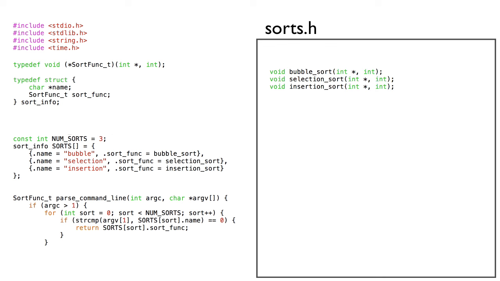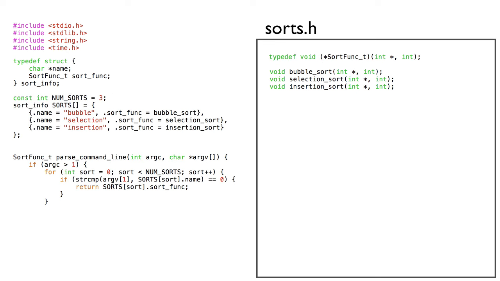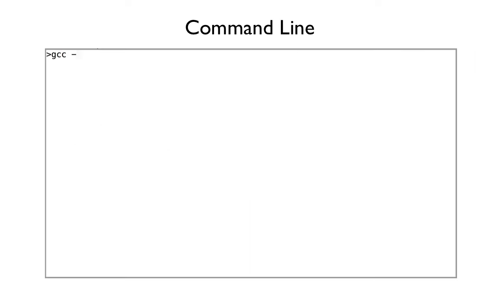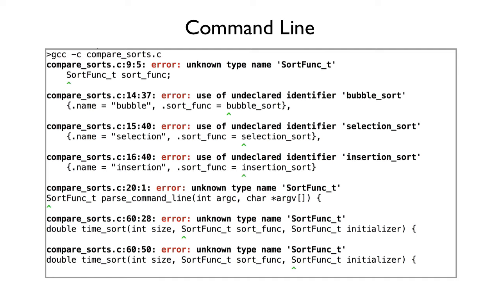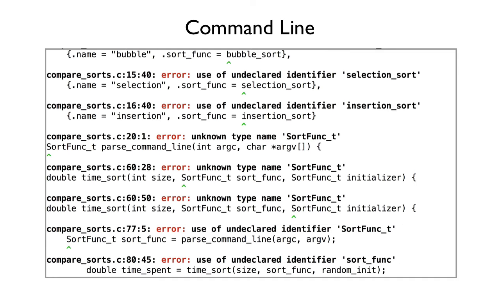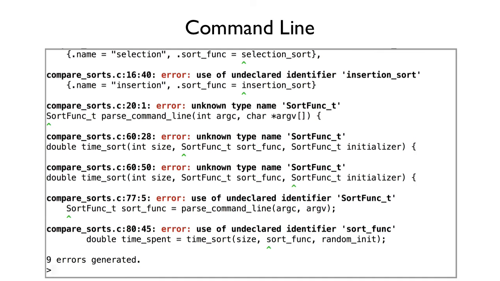We start by moving the prototypes for the sorting functions into our new header file. Header files can contain more than prototypes. Let's move the function type over too, since it states what the sort functions should look like and therefore should be part of the design. If I were to try to compile my program now, I get a series of errors because I'm using names that I haven't defined.